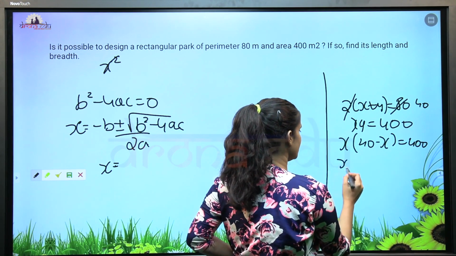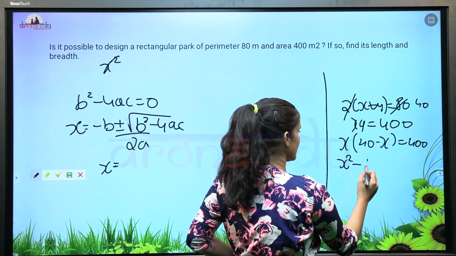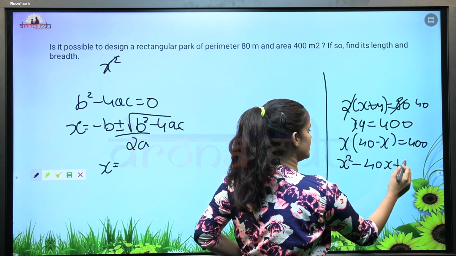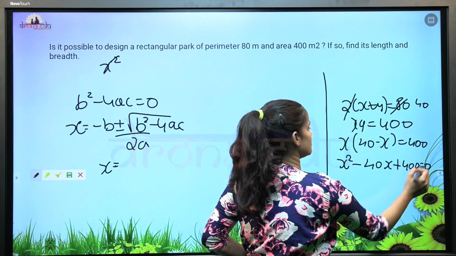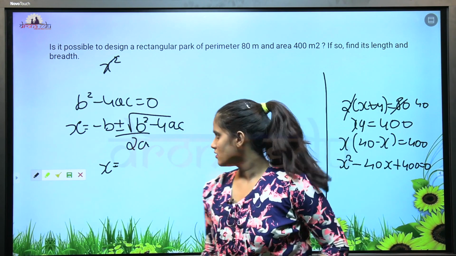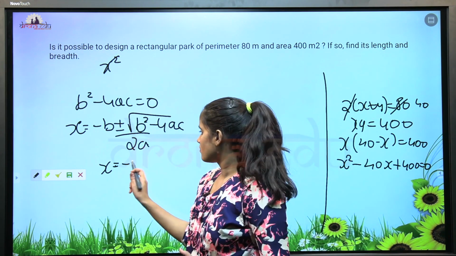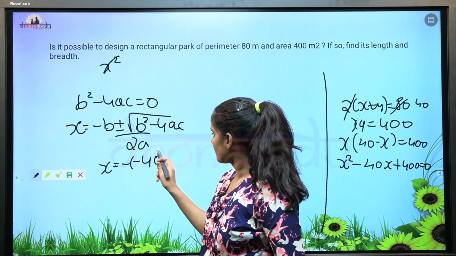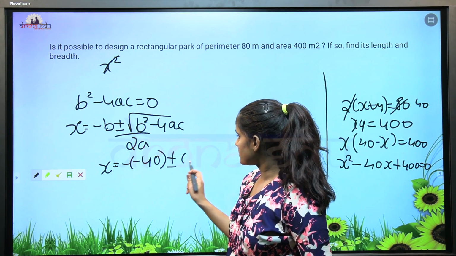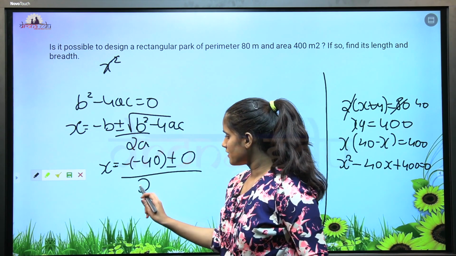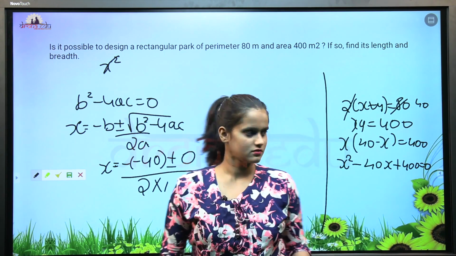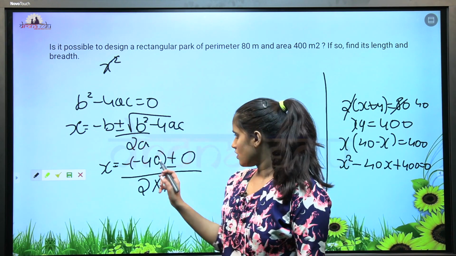How much do I get? x square minus 40x plus 400 is equal to 0, right? So here b is minus 40. So minus into minus 40, plus or minus 0, all divided by 2 into 1. a is 1. So how much will I get?